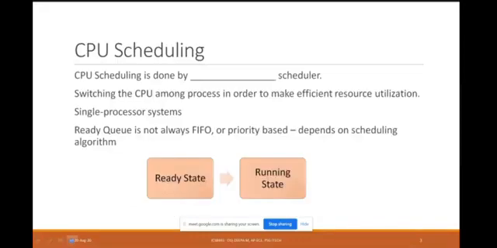So we are going to see today what is CPU scheduling. We already learnt about the different types of schedulers. Can you fill in this blank? CPU scheduling is done by, we saw three schedulers: short term, long term and medium term scheduler. Which of these schedulers will do CPU scheduling?